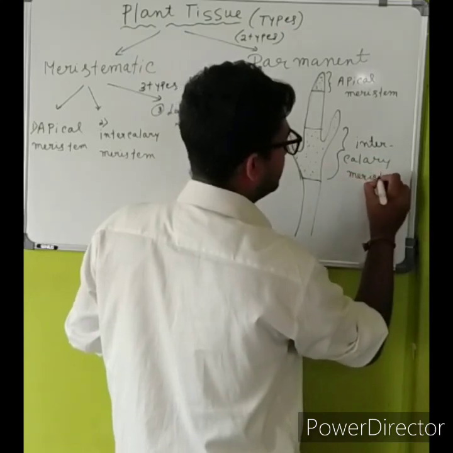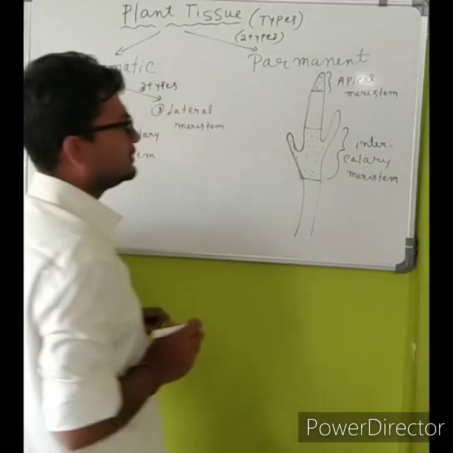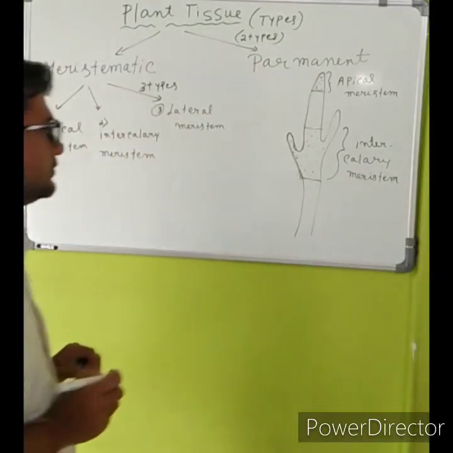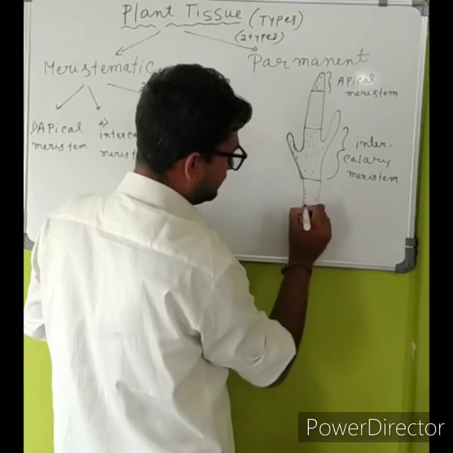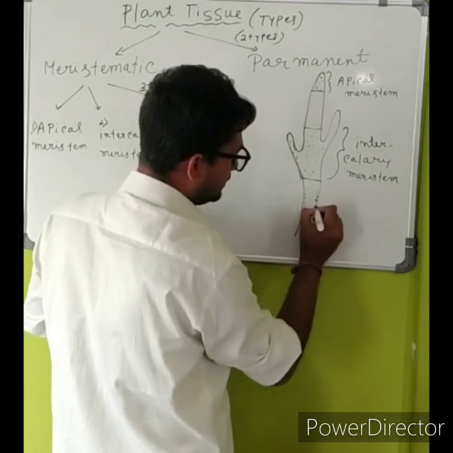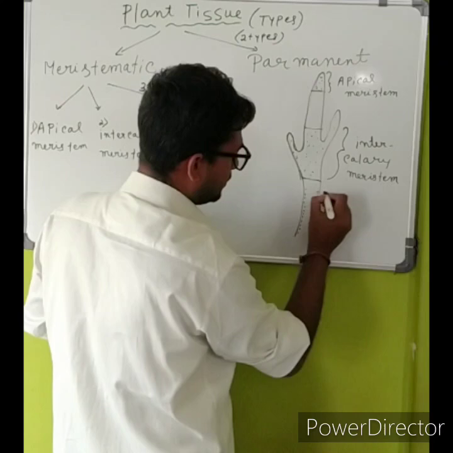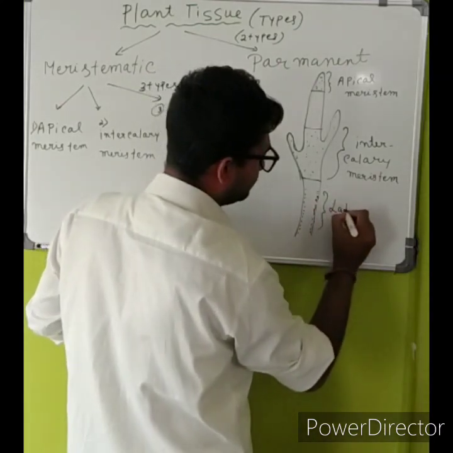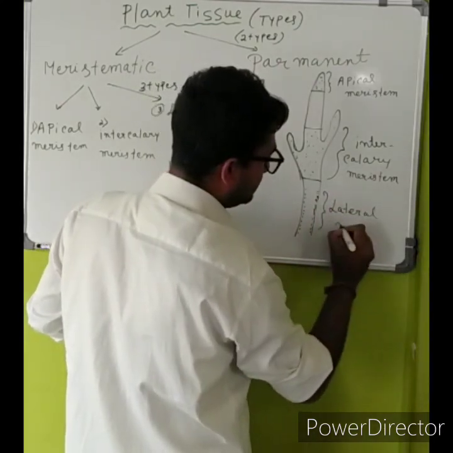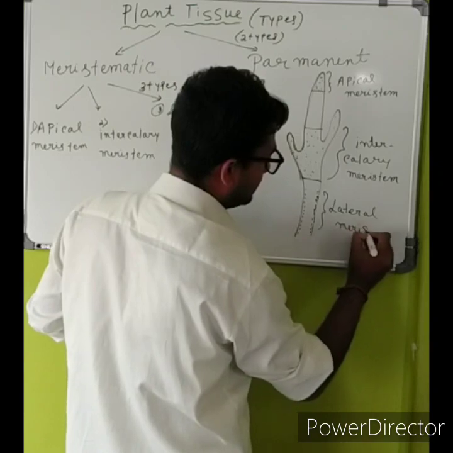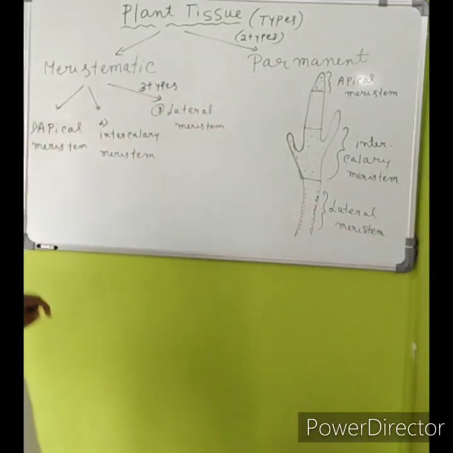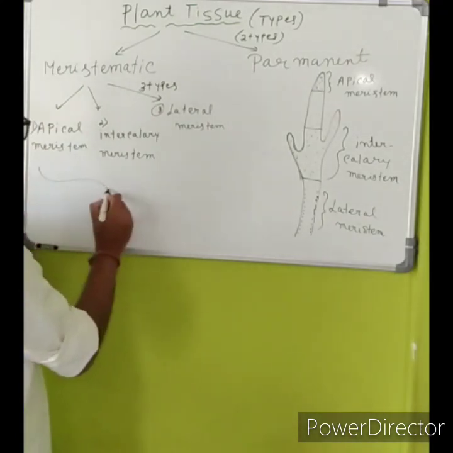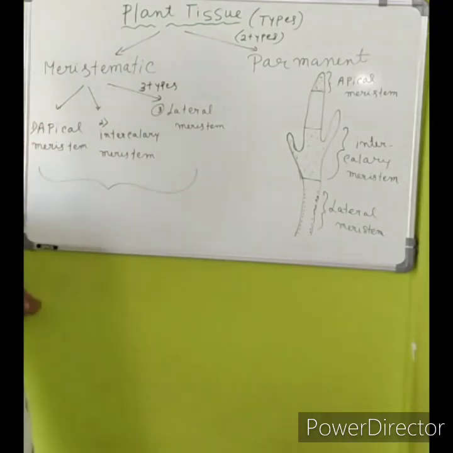So, in the internodal region, intercalary meristems are found, and in the lateral position, peripheral to the plant body, lateral meristem is found.